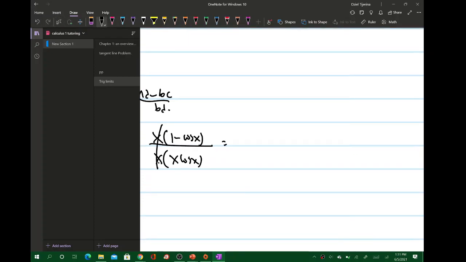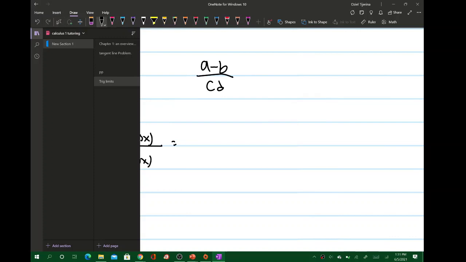If you think about it, this can be divided into two things. If we have a minus b over cd, we can say that this is equal to a minus b over c times 1 over d.